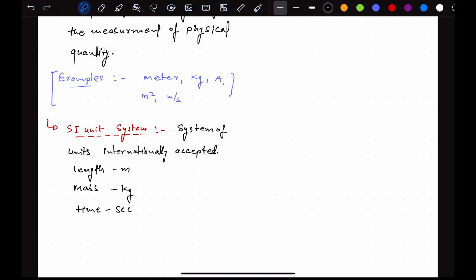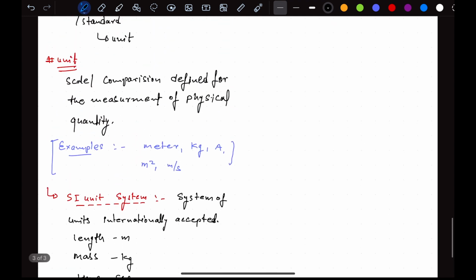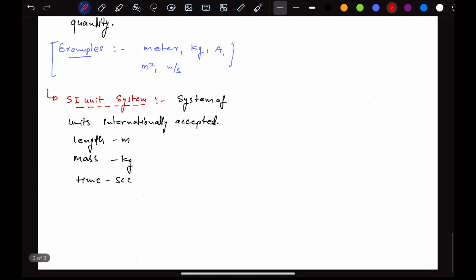Okay, now when I'm saying something is a unit, some scale is the unit of that particular quantity, at least that scale should follow something. Like for example, if I say that this is 1 meter, and from now onwards we are going to measure the lengths using this meter scale, it should have some kind of properties. First of all, it should be invariable, it should not change.